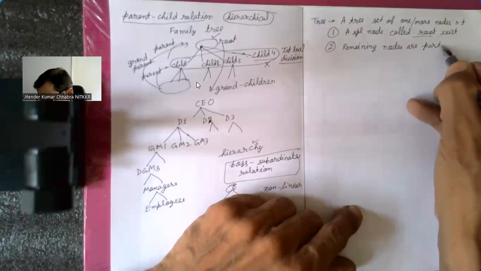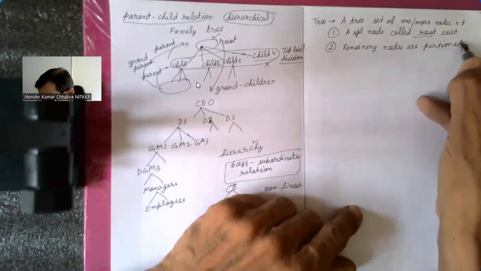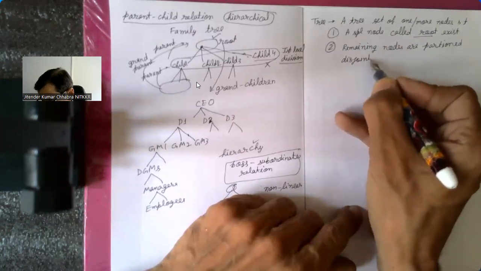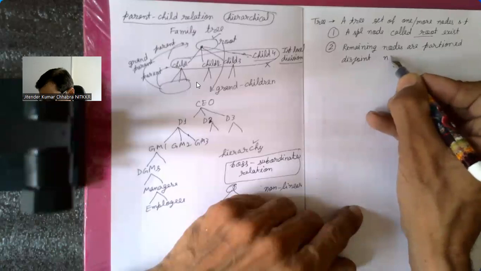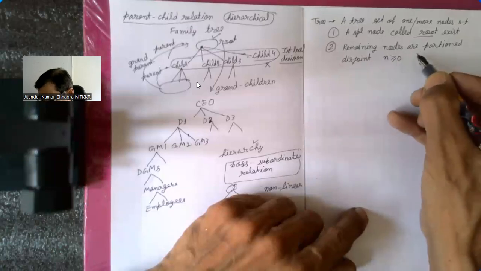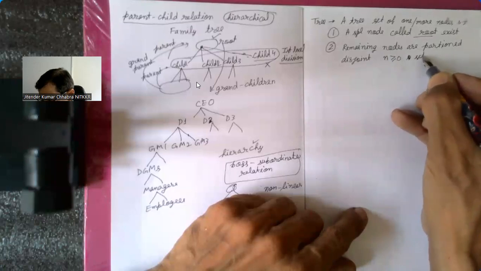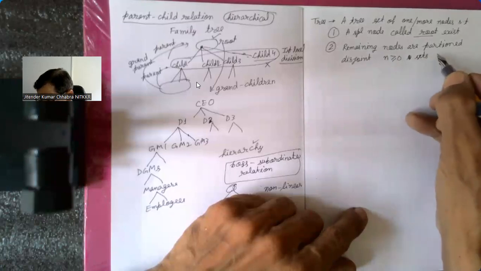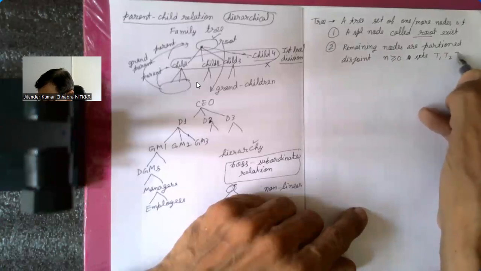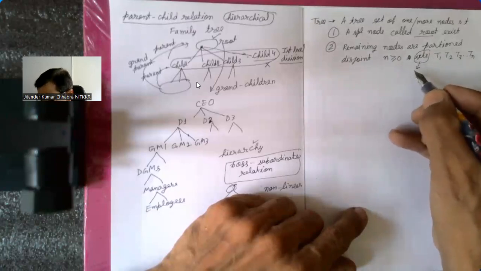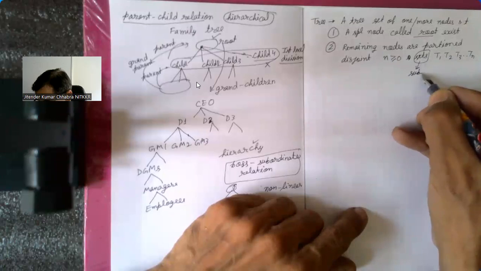The word disjoint will be very important, and I will explain what it means. Disjoint n sets, where n will be greater than or equal to 0. So n disjoint sets will be there, which I call T1, T2, T3, and Tn, where each set is called a subtree.